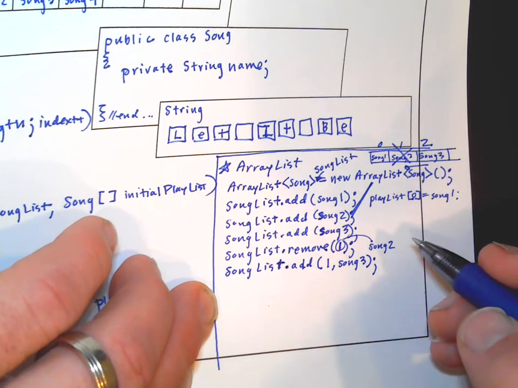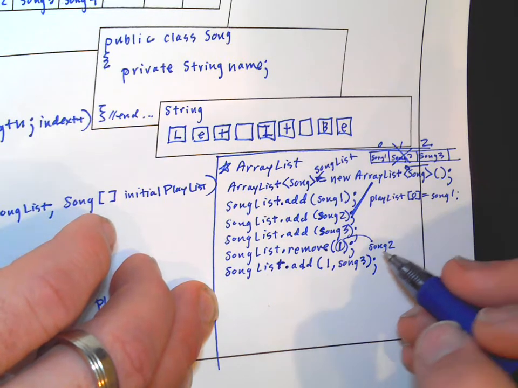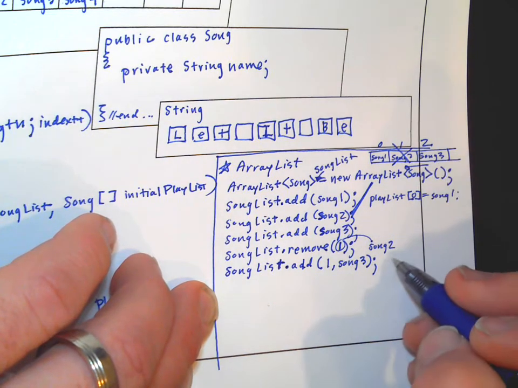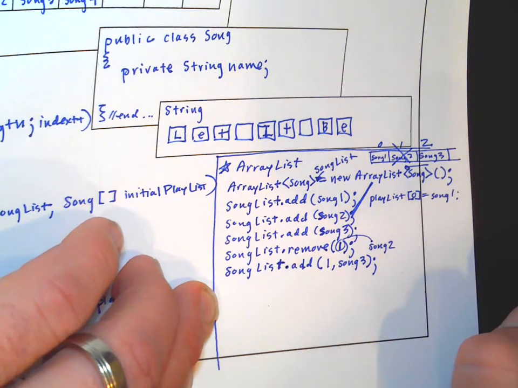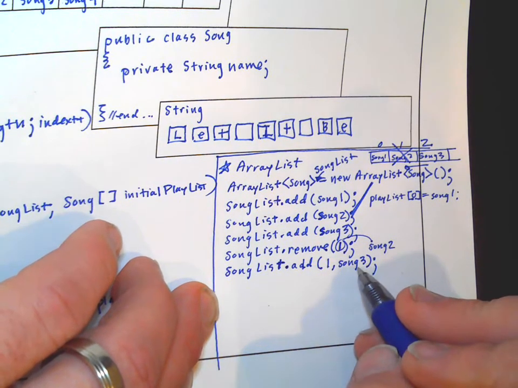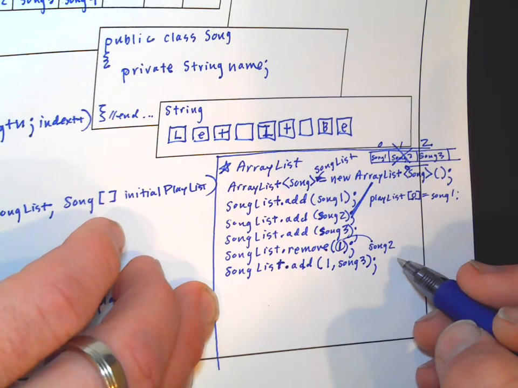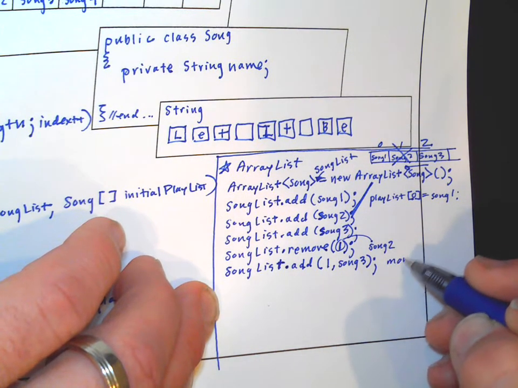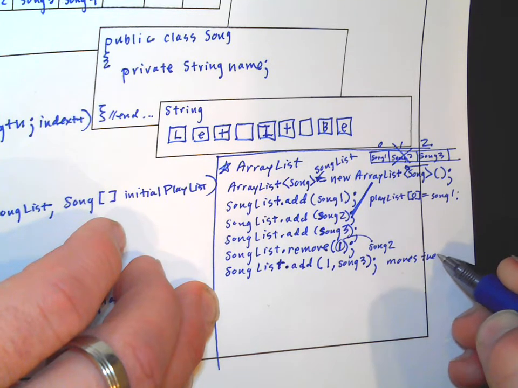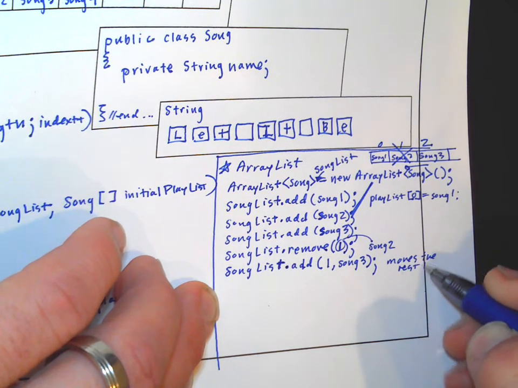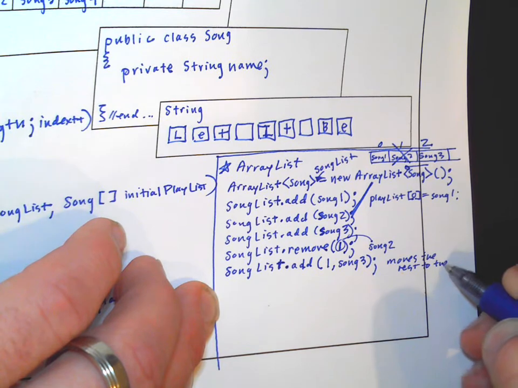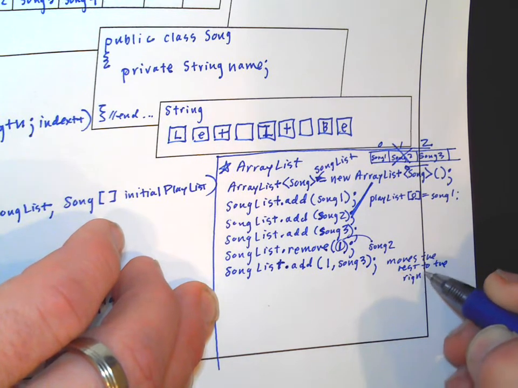And what that does is it sticks it into that spot and moves all the other ones down. So it doesn't replace what's there. It inserts it there and moves the rest to the right. So it makes it bigger, but that's a way to put it somewhere in the middle.